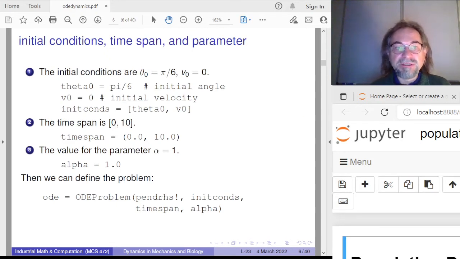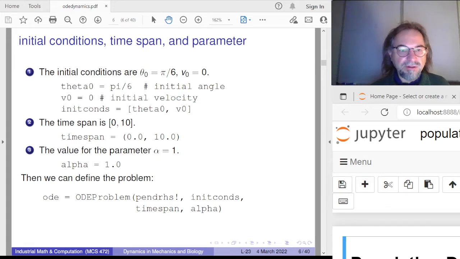We define the initial conditions, we put them in an array. We then have to define the time span and set the value for the parameter. With these three things done, we then define the problem as an ODE problem, ODE for ordinary differential equation.